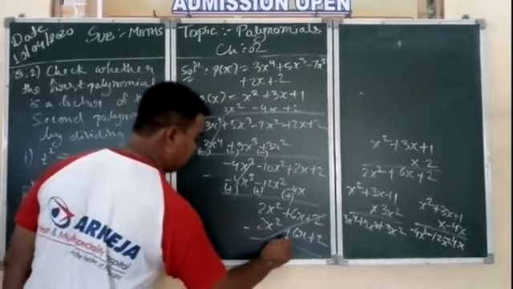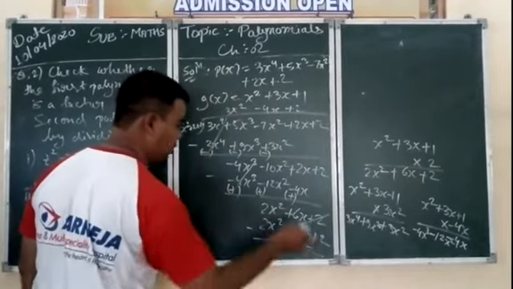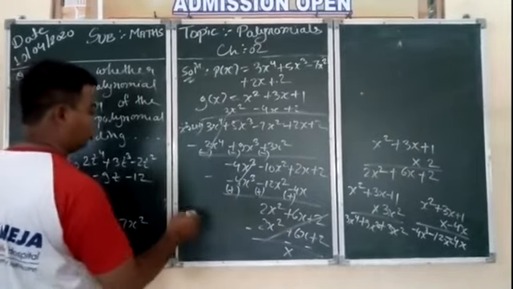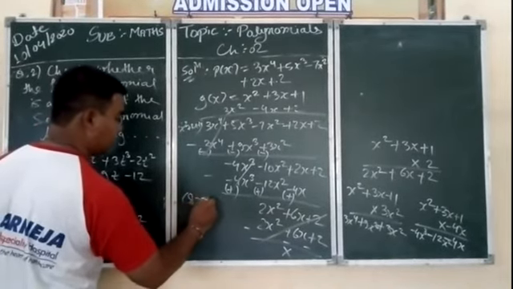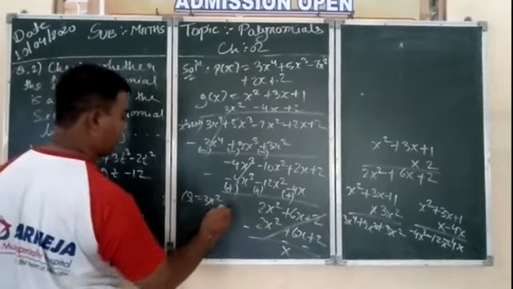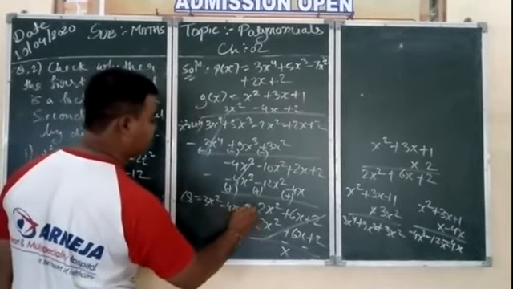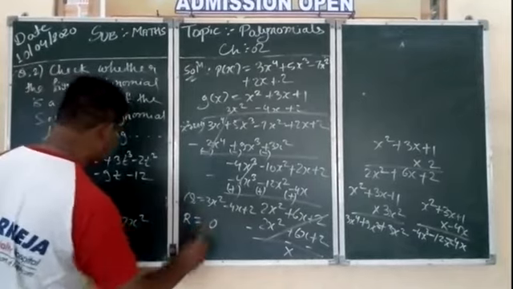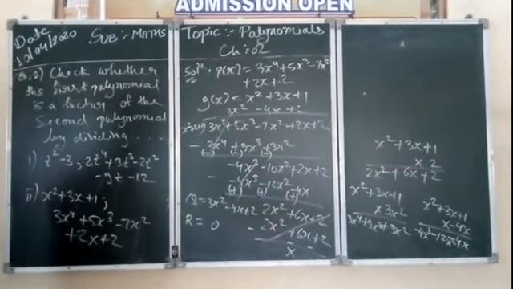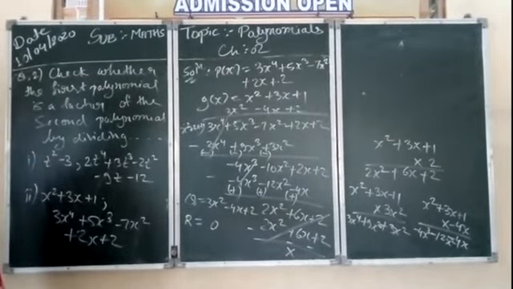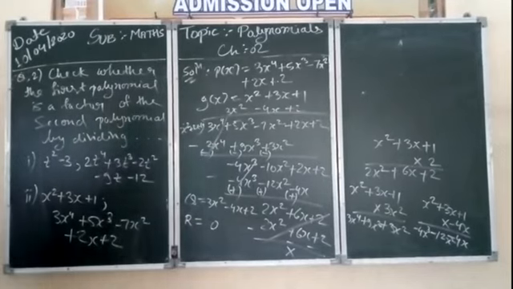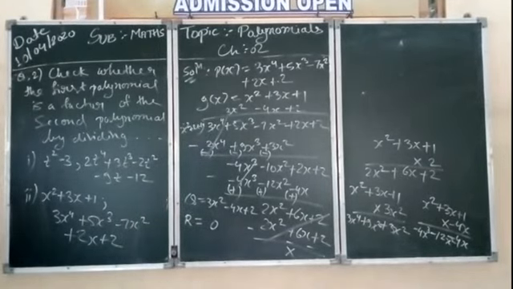That cancels, and the answer is 0. The remainder is 0. So the quotient is 3x square minus 4x plus 2 and the remainder is 0. Please copy this one, okay?